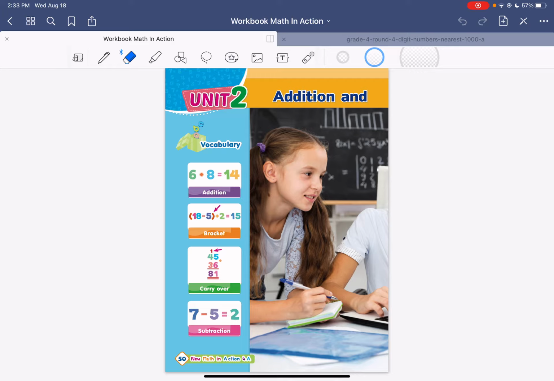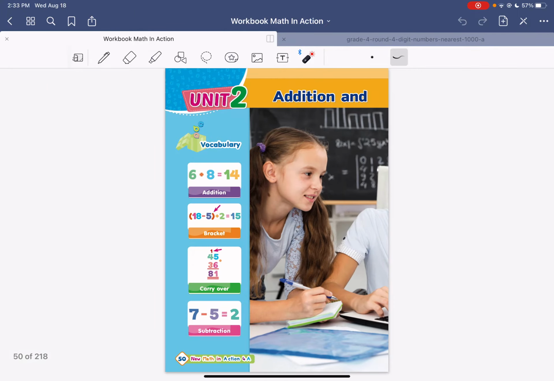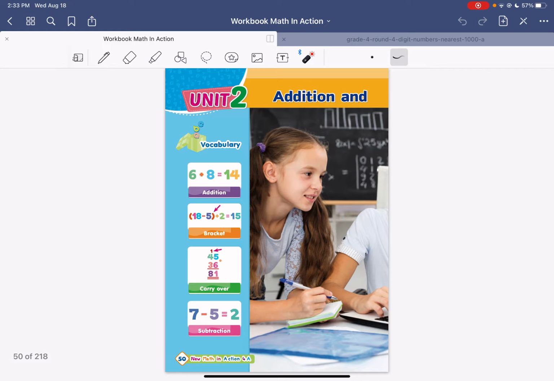On page 50, we're going to start learning addition and subtraction. Addition is plus, subtraction is minus. We have brackets, we have carryover, and we have subtraction, which is minus.